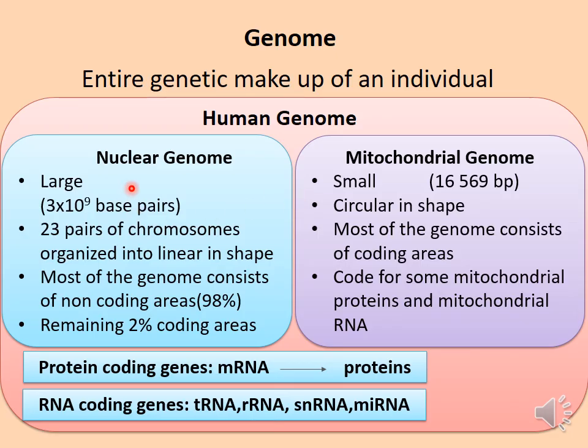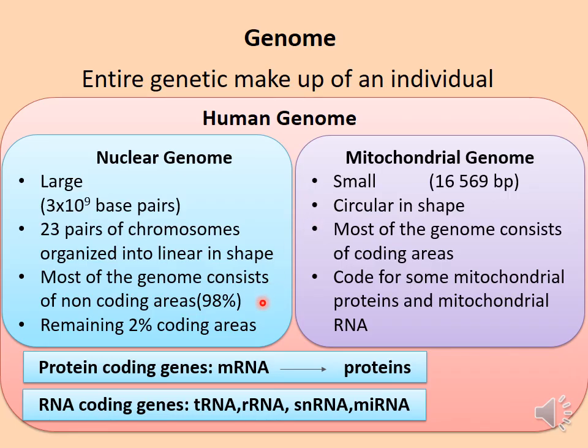As you can see here, the size of the nuclear genome is very large compared to the mitochondrial genome. And the DNA in the nuclear genome are arranged into linear shaped chromosomes. And the DNA in the mitochondrial genome are arranged into circular shaped molecules.